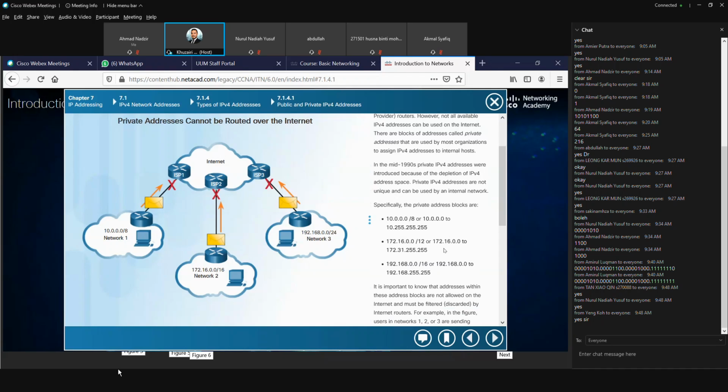These three groups are considered private IP addresses. The ISP router will not route private IP addresses. If the ISP router sees these three groups of IP addresses, it will not send your packet to the internet.